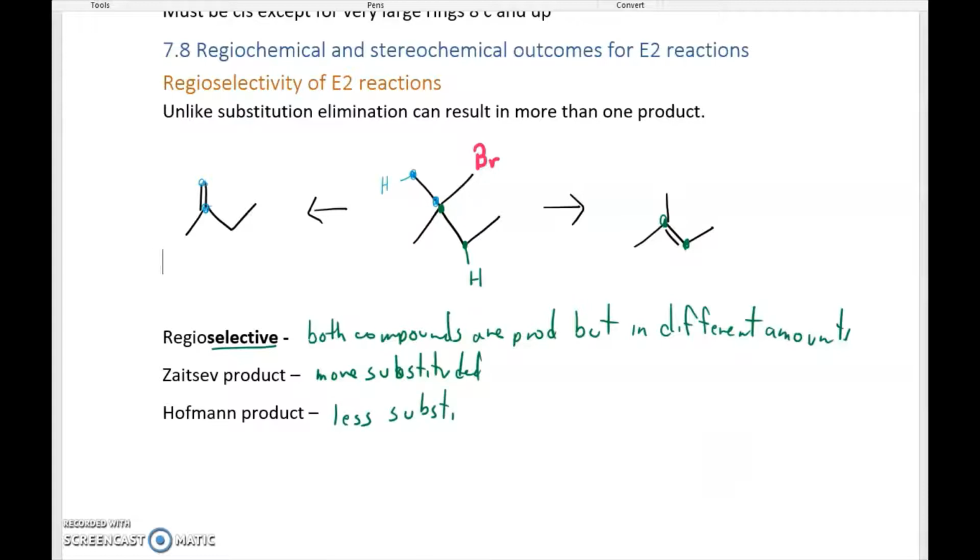Usually, we make more of the more stable Zaitsev product. So in our diagrams up here above, this is the Zaitsev product, and this is our Hofmann.